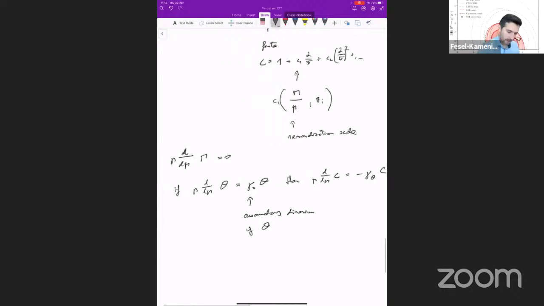Okay? And now choosing a suitable renormalization scheme like dimensional regularization with minimal subtraction, one can show that these anomalous dimensions will only depend on the couplings of the low energy theory, only on dimensionless couplings.